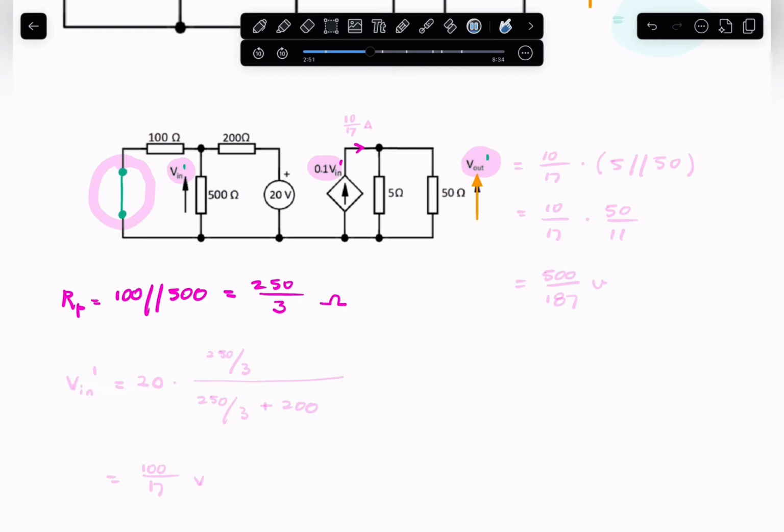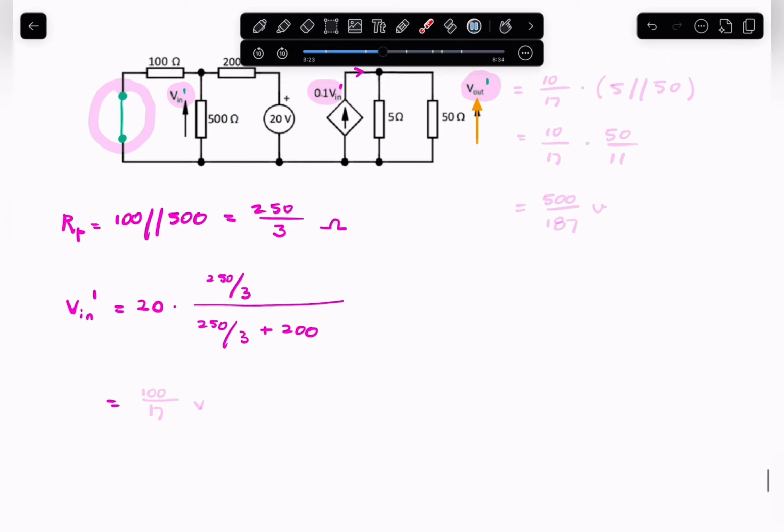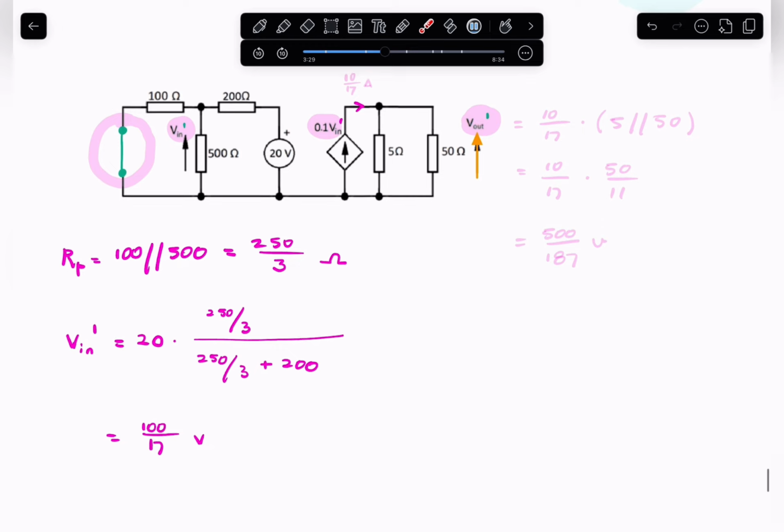So now we know the parallel resistance. We can find V in dash using a potential divider. So it's the input voltage 20 multiplied by 250 over 3 divided by the sum of 250 over 3 and the series resistance. And that gives you 100 divided by 17 volts.